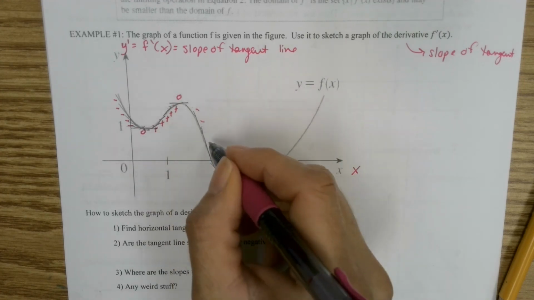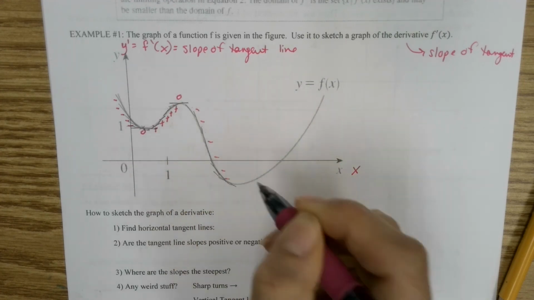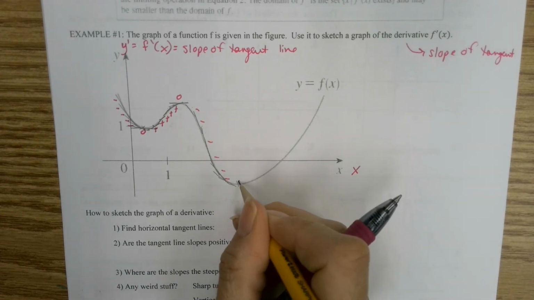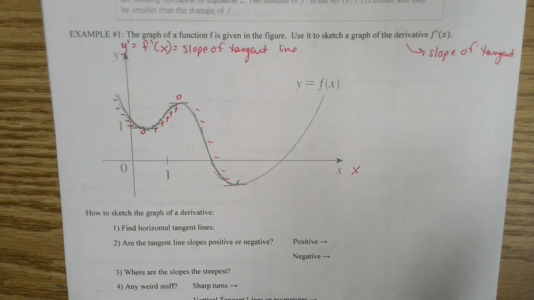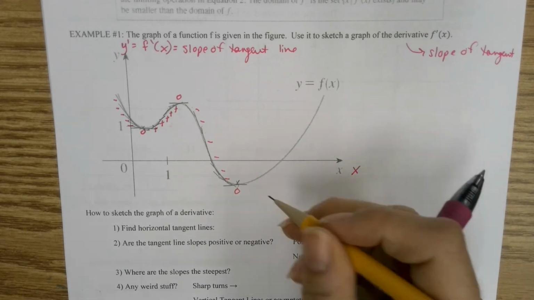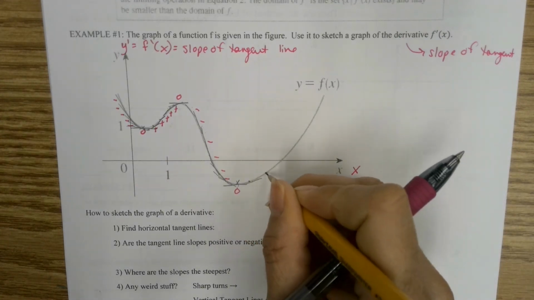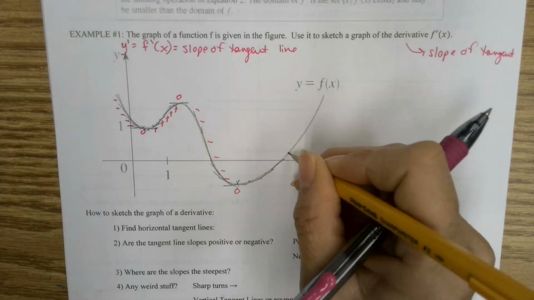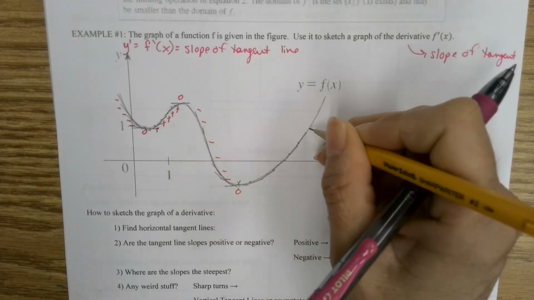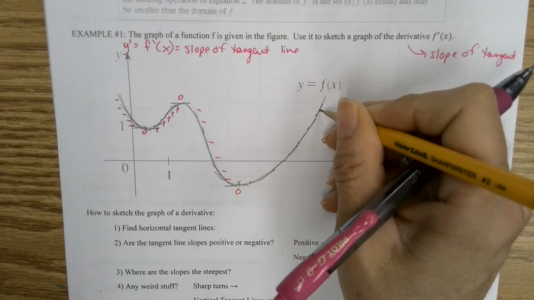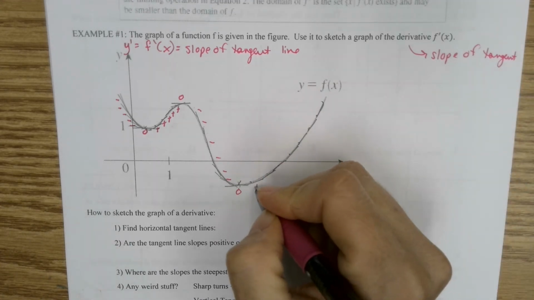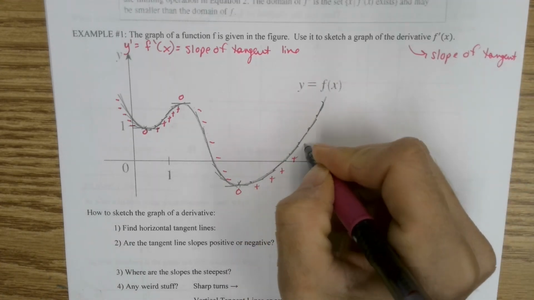So negative, negative, negative, negative, negative, negative, until we get to the very bottom, another horizontal tangent line where I have a slope of 0. And this last stretch over here is going to be, once again, all positive slopes.